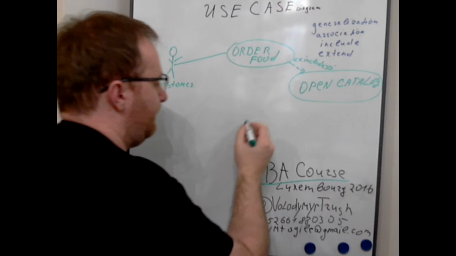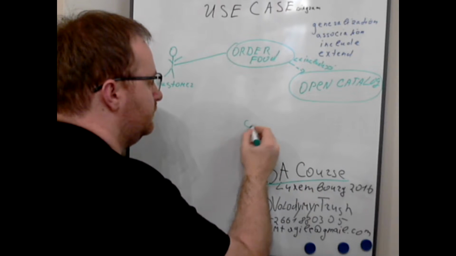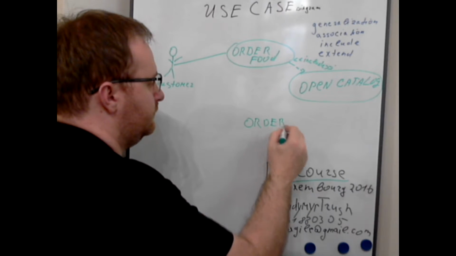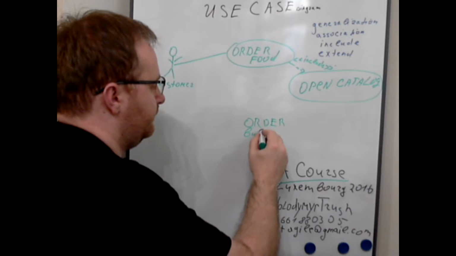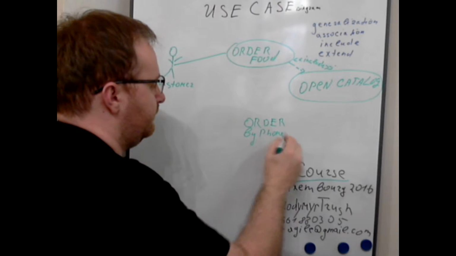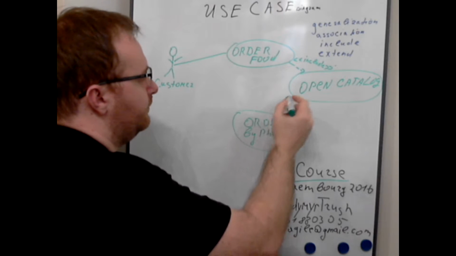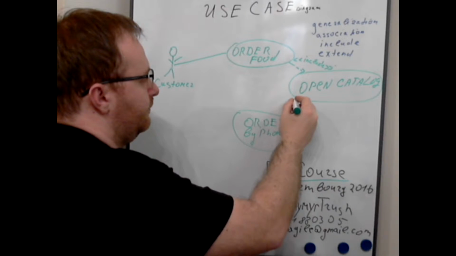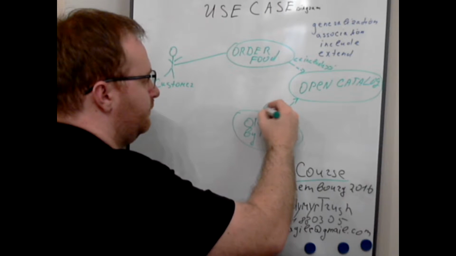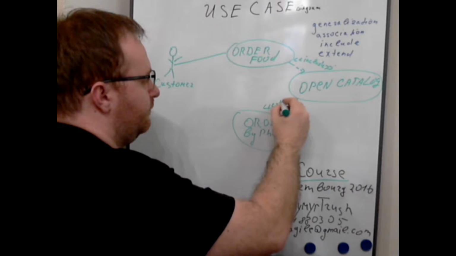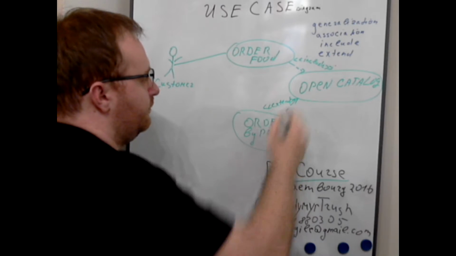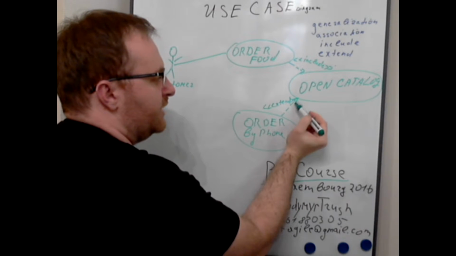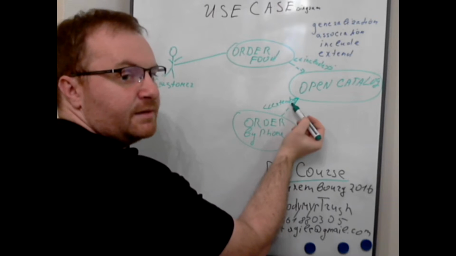For example, order. You can see here we have again the line, and the arrow is going that way, and the label extend.